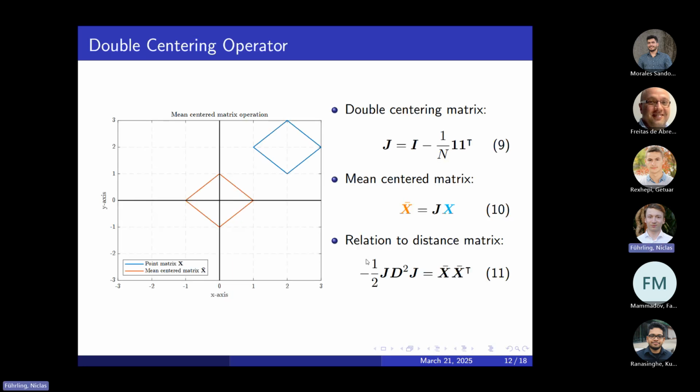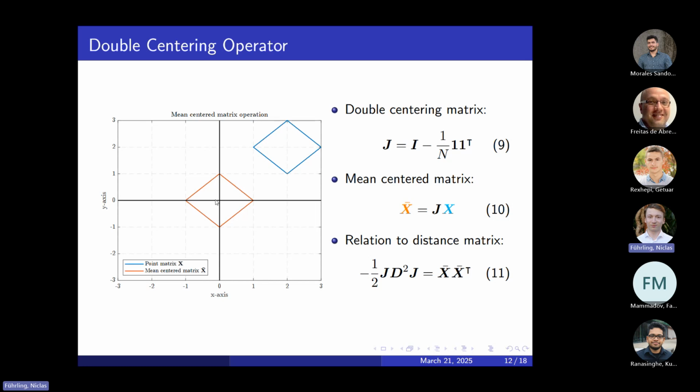Yeah. And next, I want to introduce shortly the so-called double centering operator, which is used in the actual estimation. So consider here a double centering matrix J, which is shown in equation 9. And if you apply that to any point matrix X, as you can see here in blue, then you will get a mean-centered version of this matrix X. So you will get an X bar, where the mean is now centered at the origin.